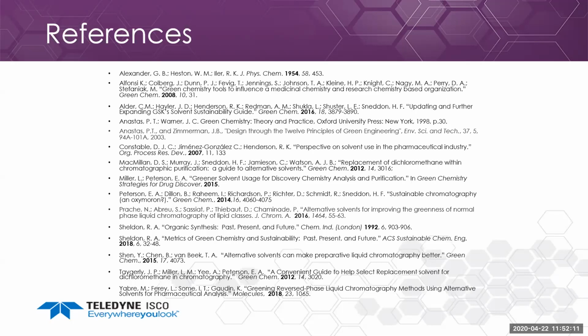And then sample amount, that depends on each unique separation. But we could go down to 1 milligram per milliliter on the ACCUPrep and be able to see that. I suggest a little bit more. I like to work in the 10 milligram range and then scale up from that. It depends on how well your compounds are visible also.